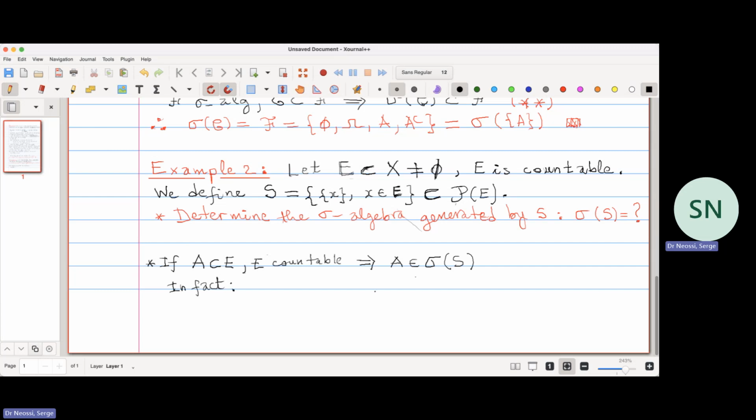So we can write A as a countable union of sets of this form where x is in E.